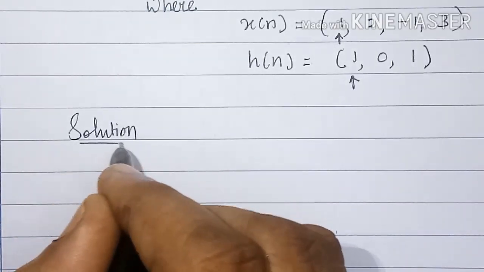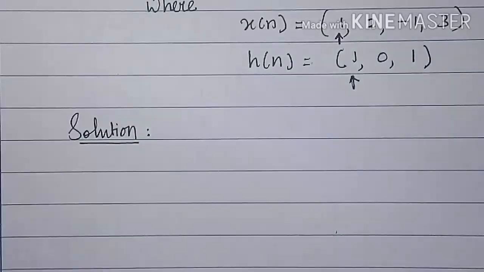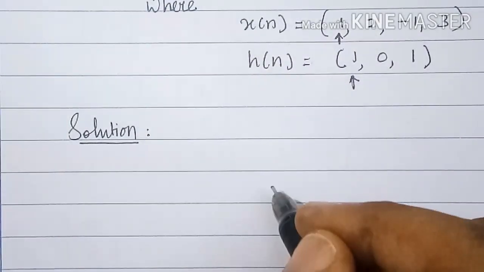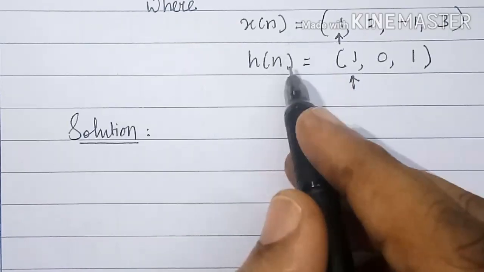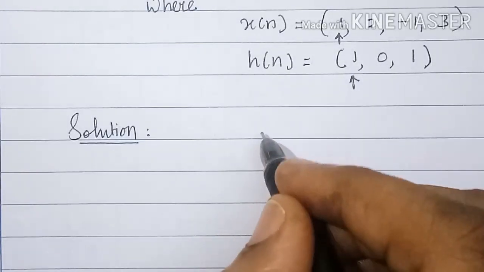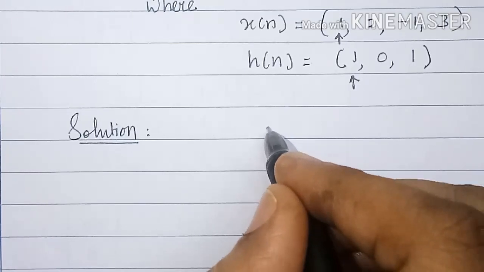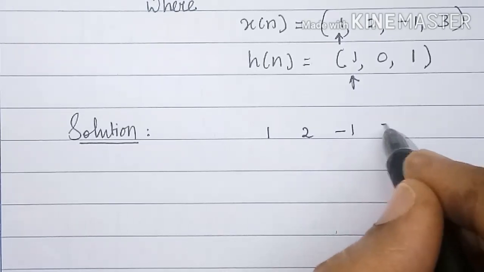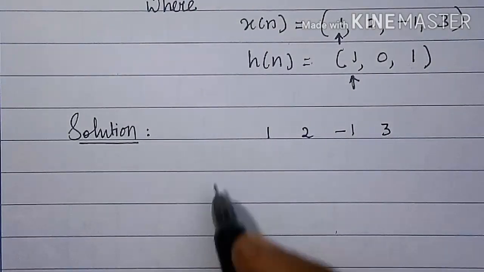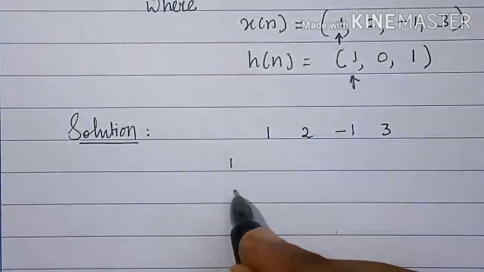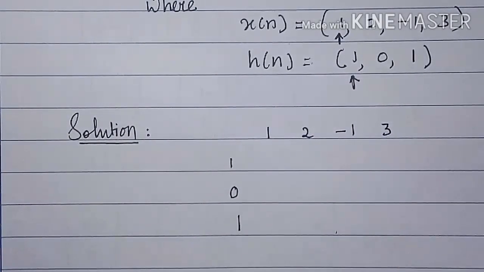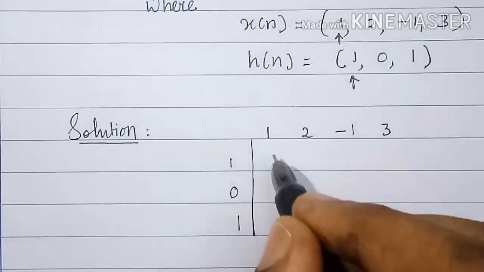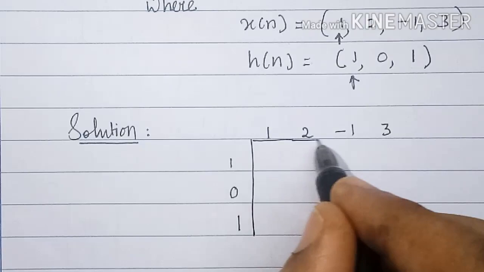Solution. To compute the linear convolution of x of n with h of n, write the samples of x of n horizontally and the samples of h of n vertically. Then draw a table like this.